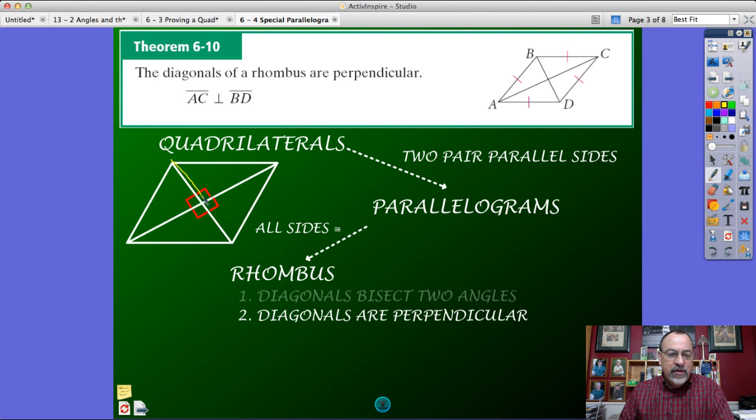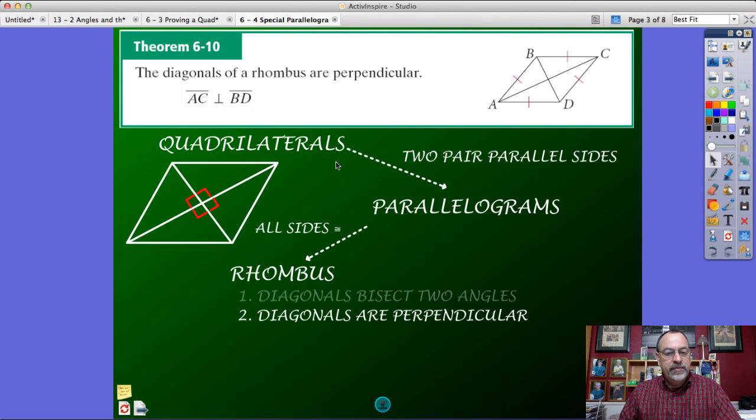What you create then are some nice little right triangles, and you remember in right triangles we can always use the Pythagorean theorem to figure out the lengths of sides. So that's going to be something that you're going to need to do, and remember that you have these right triangles because these are perpendicular, which is going to allow you to apply what you know about right triangles, i.e. the Pythagorean theorem. So these are additional characteristics that are true of a rhombus.